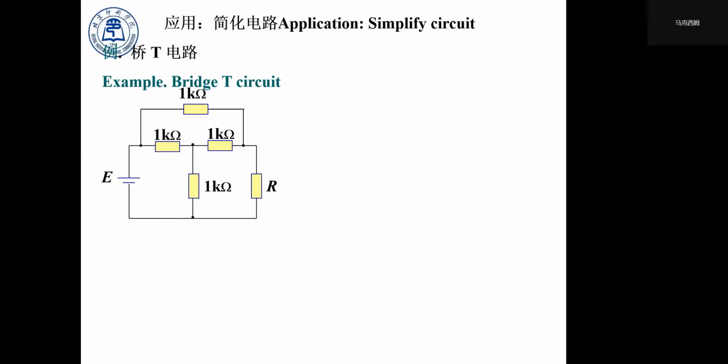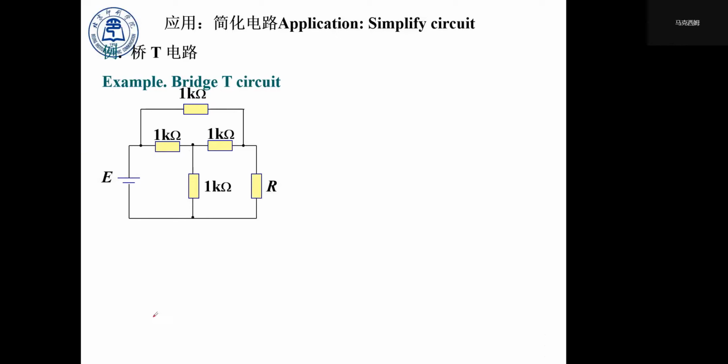First, we have a bridge, a T-bridge circuit like this. How could we analyze it? Obviously, we see that there are two kinds of structures inside it.